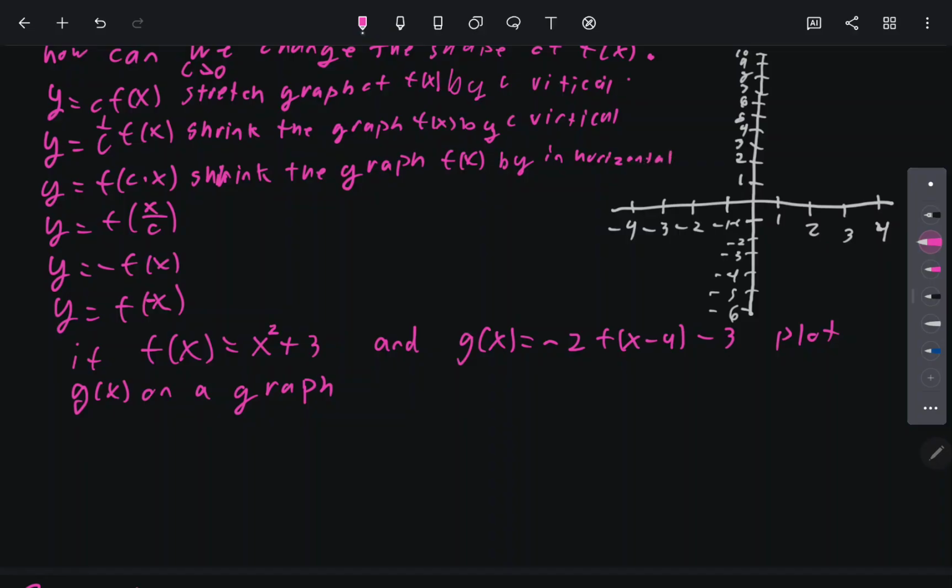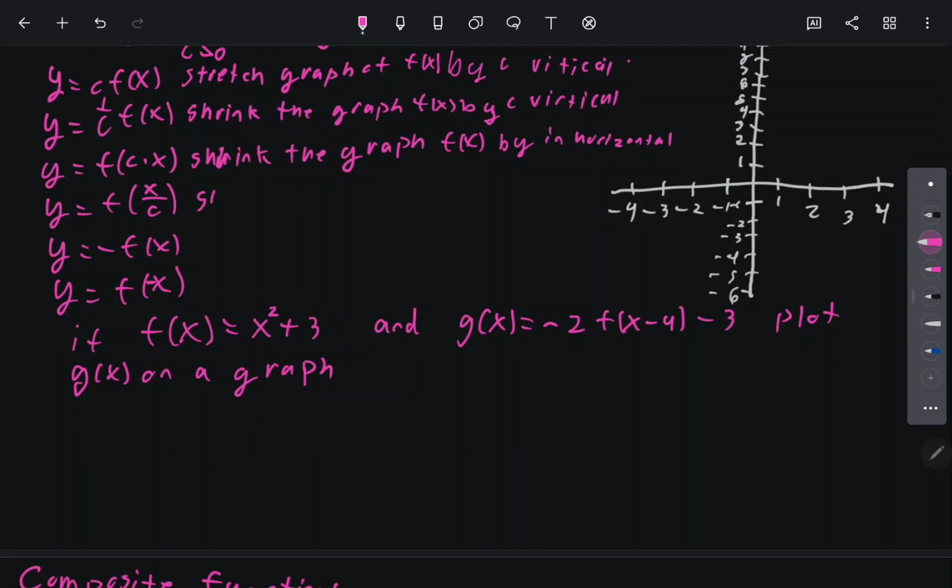If you have f of x over c, it will stretch the graph in the horizontal direction. So I'm going to just write this down as stretch horizontal.